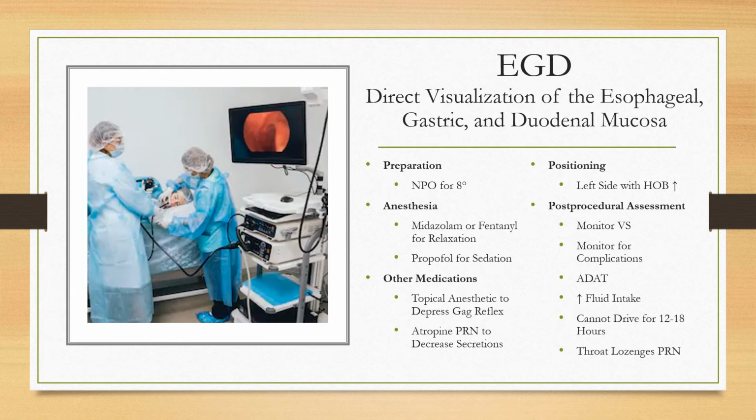Now, if there is perforation of the stomach or the duodenum, that would go into the peritoneum, so they can get peritonitis. These are rare complications, but they can definitely happen, and the patient would be advised on these potential complications, but they're very unlikely.